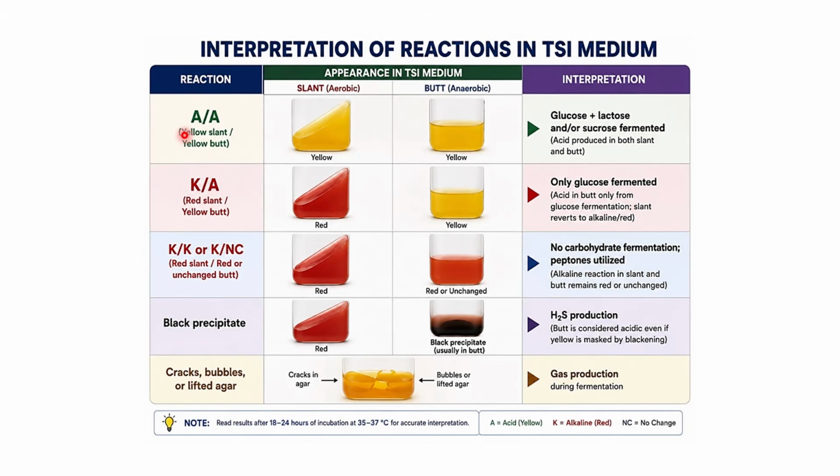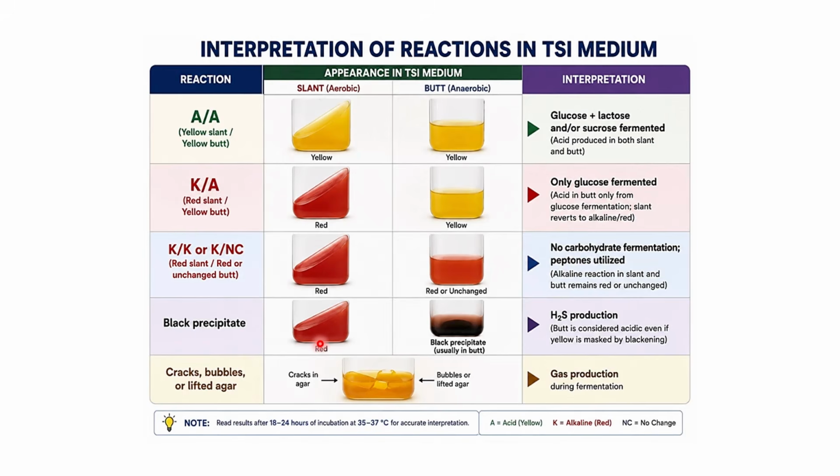So let us look at the first result over here. A yellow slant and a yellow butt means there is a glucose and lactose and/or sucrose fermentation. A red slant and a yellow butt means only glucose has been fermented. And for a red slant and a red or unchanged butt, it means no carbohydrate fermentation has occurred, but only peptone has been metabolized.